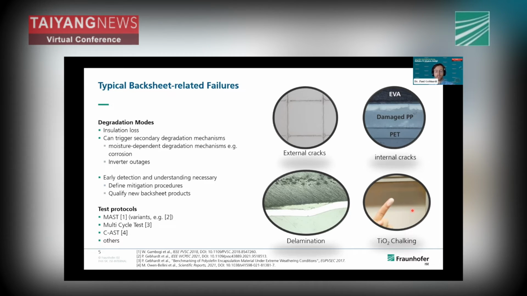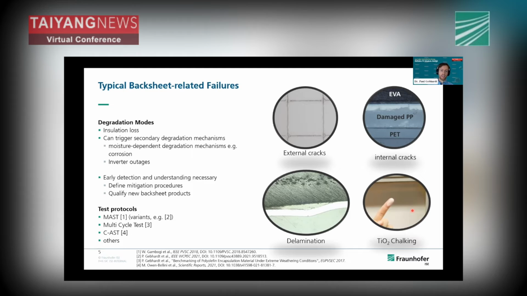In first approximation, the degradation does not change the module output power, but it can trigger secondary degradation mechanisms due to moisture ingress, and this can cause corrosion of the cells or cell connectors, depending on what exactly is the cell technology used in these modules. And of course, a low insulation can also lead to inverter outages, and thereby also lessen the yield of the power plant.